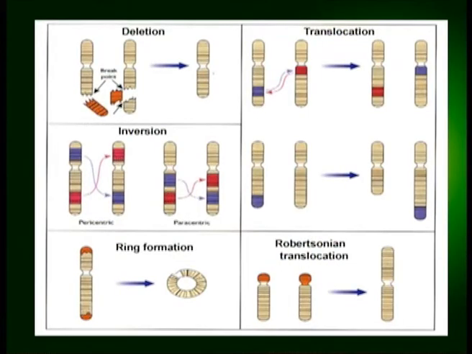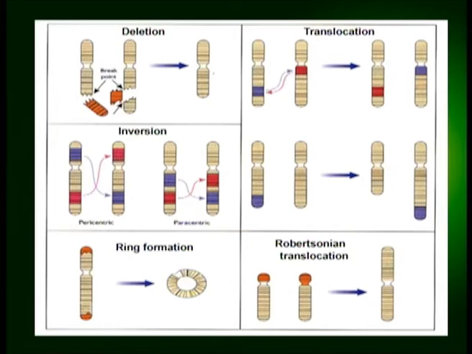The unbalanced rearrangements generally involve loss or gain of chromosomal materials and can show in different types, which I described: translocation, inversion, deletion, and duplication.